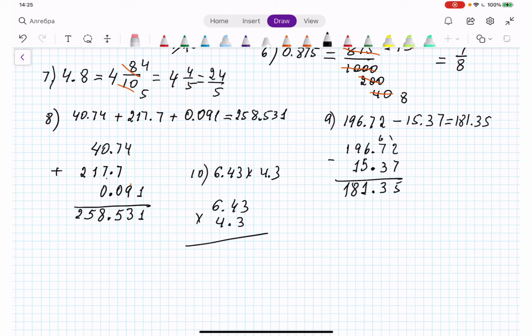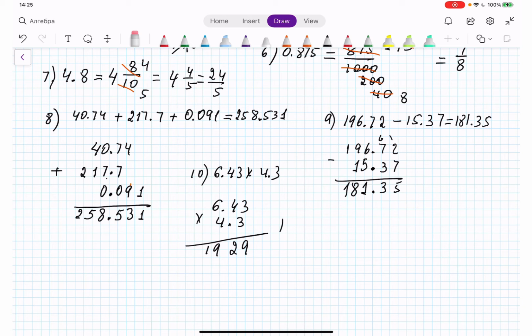So first, 3 multiplying by 643. Let's start. 3 times 3 is 9. 3 times 4, it's going to be 12, 1 in mind. And 3 times 6, it's going to be 18, and 1, it's going to be 19. Okay.